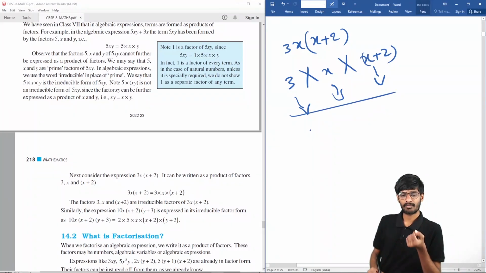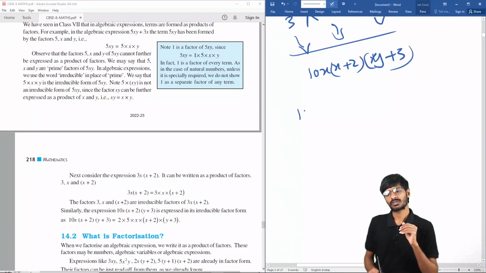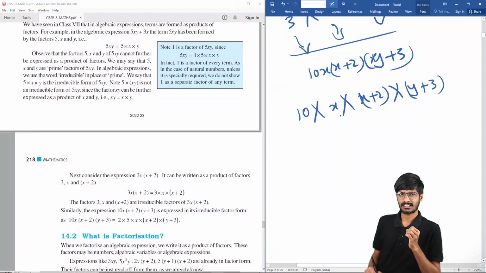And there is another example, that is 10x into x plus 2 into y plus 3. In this algebraic expression, if you see, it is 10 into x into x plus 2 into y plus 3. We are having 4 factors here.